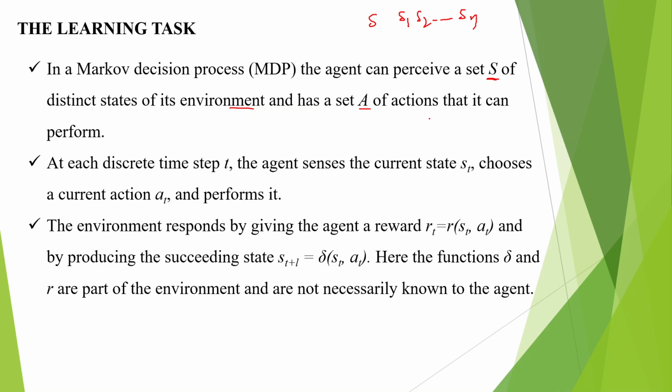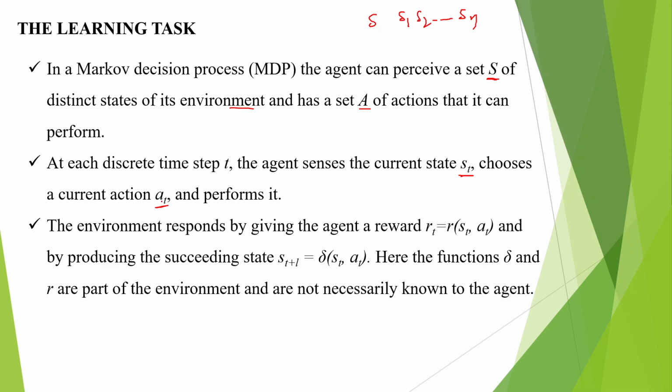We call it a discrete time step, and the agent senses the current state, say ST, meaning how the state is at a particular time is denoted by ST. Then chooses a current action AT.